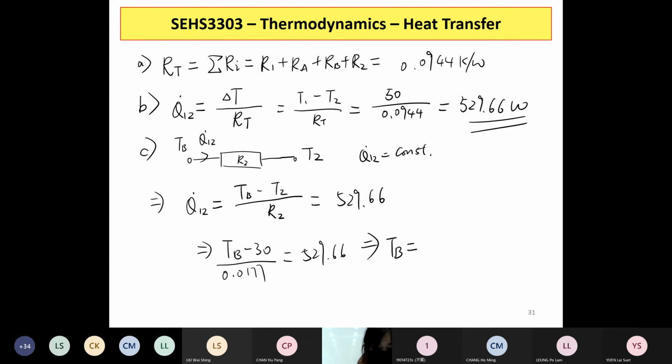Who can tell me this value? What's the number? I do not have a calculator, so please help me. No one knows?